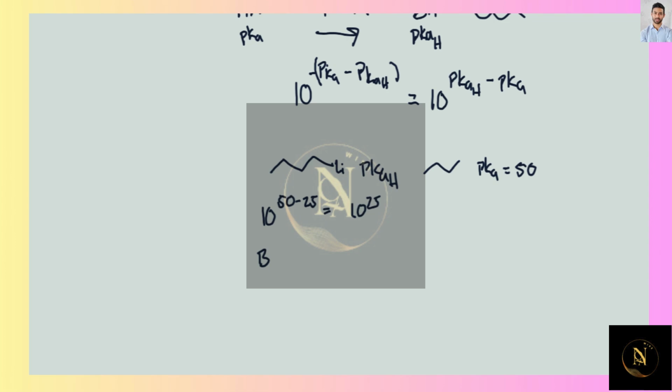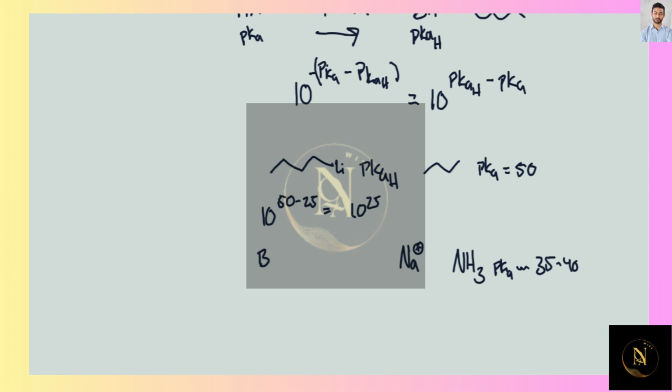The other one off the top of my head that I know for sure is sodium amide. If you think about sodium amide, the protonated form is sodium plus and ammonia, and the pKa of ammonia, that is protonated NH2, is around 35 to 40, depending.